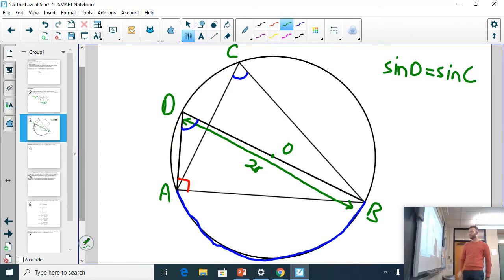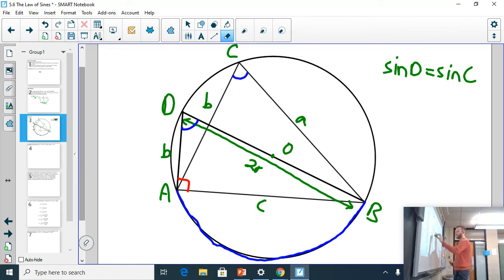Well, now let's look at what the sine of D is. Across from C, we have little c. Across from B, we're going to have little b, and across from A, we're going to have little a. This should actually be B, this longer side.